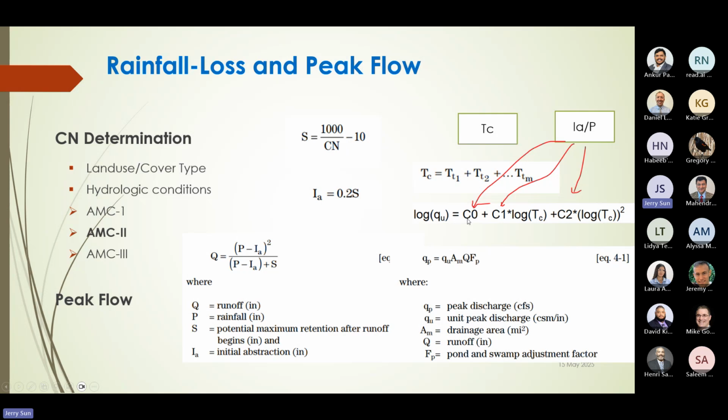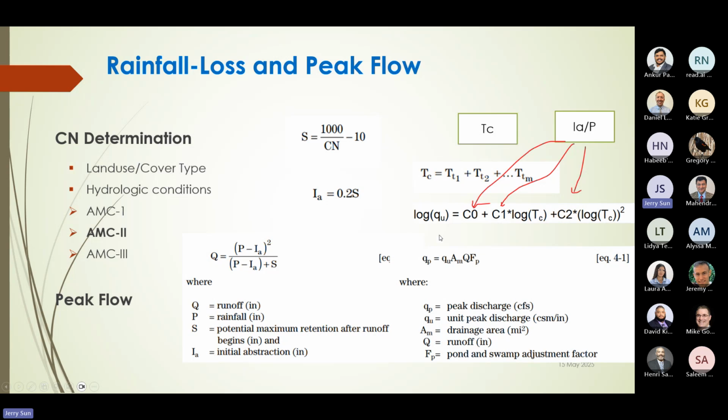Of course, the different C0, these are coefficients. These come from the Ia over P ratios. Different ratios have different C numbers. Of course, this equation, the C, relies on the distribution. Basically, if we use the type 2 distribution, these are the equations, then you come up with QU.